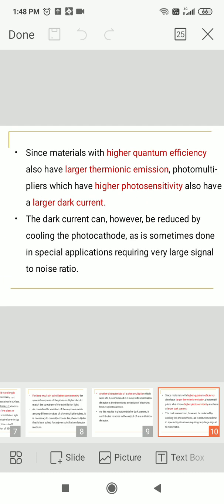Since materials which have higher quantum efficiency also have a larger thermionic emission, photomultipliers which have higher photosensitivity also have a larger dark current. The dark current can, however, be reduced by cooling the photocathode, as is sometimes done in special applications requiring very large signal to noise ratio.